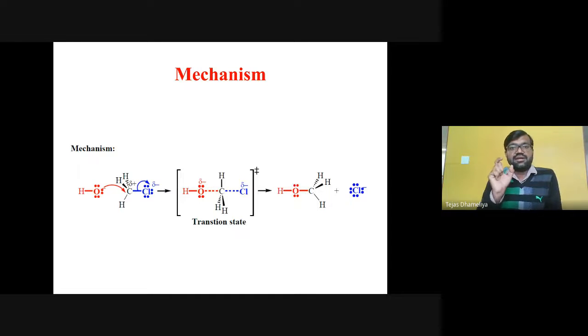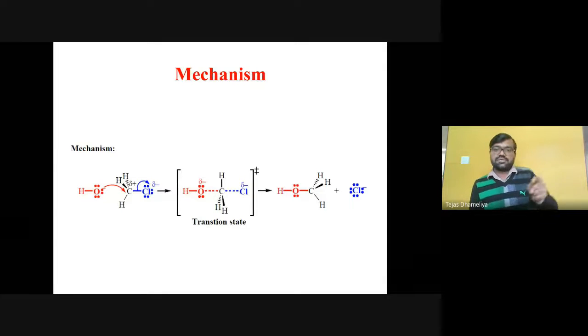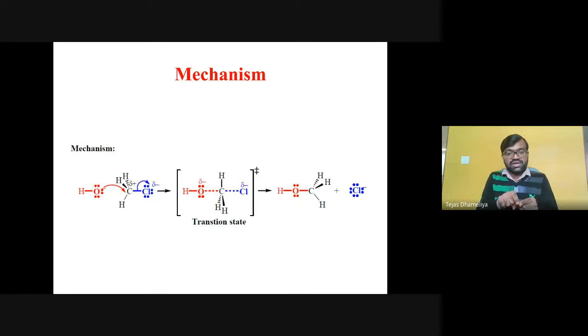When you hear this word in organic chemistry, it means step by step description of the reaction: how the reactants are converting into the products, how the attack is possible and how the leaving of the leaving group is possible.